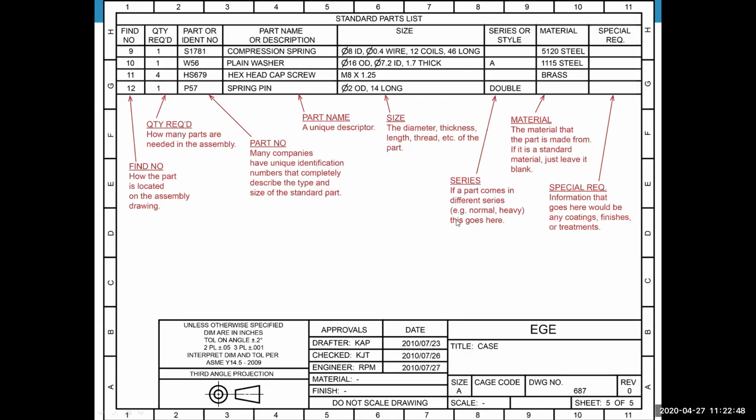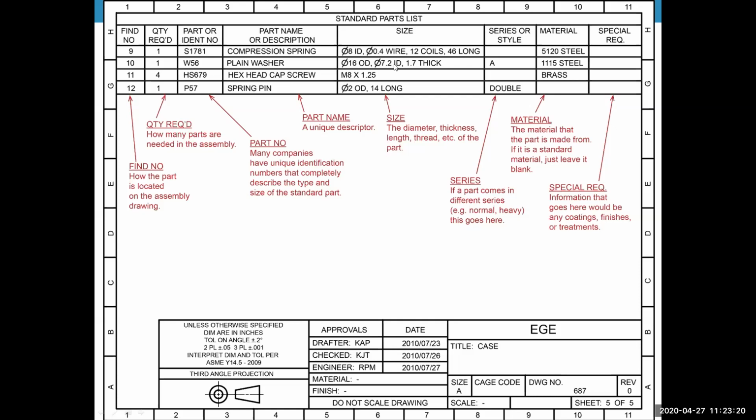So what we're looking at here is a standard parts list. Typically, there's a find number or an item number, which should correspond to an item number on an assembly drawing. Then the quantity, and the part or identification number, which is usually going to be a vendor part number.